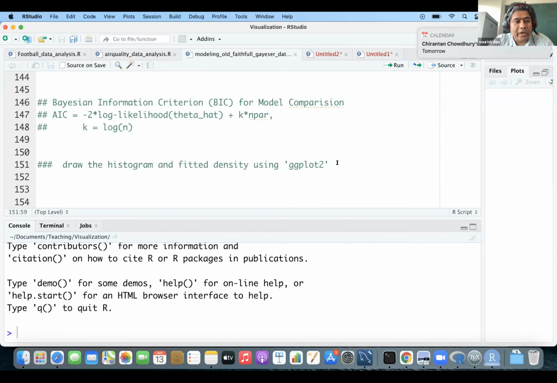And it is important to know how to draw a nice histogram and density. We know how to do it using the simple plot and hist functions available in the base package. But what I want you to do is to do it using ggplot2. Generally, they provide a much better, aesthetically better plot.